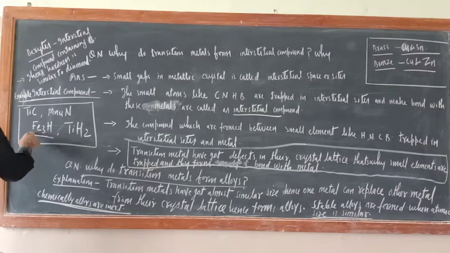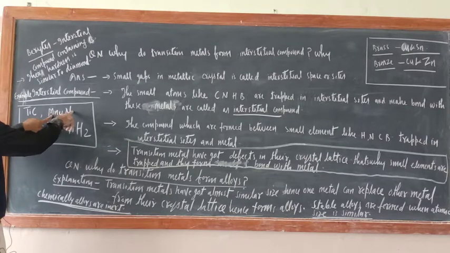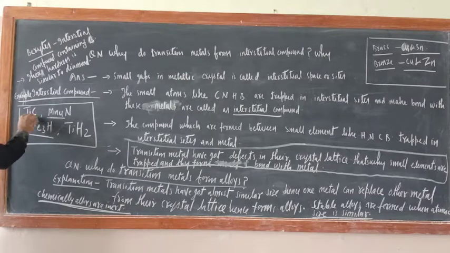Iron, Fe3H, they are interstitial compounds. Hydrogen is trapped in the crystal lattice of iron, hydrogen is trapped in the crystal lattice of titanium, nitrogen is trapped in the crystal lattice of manganese, carbon is trapped in the crystal lattice of titanium. So interstitial hydrides are examples of interstitial compounds also.